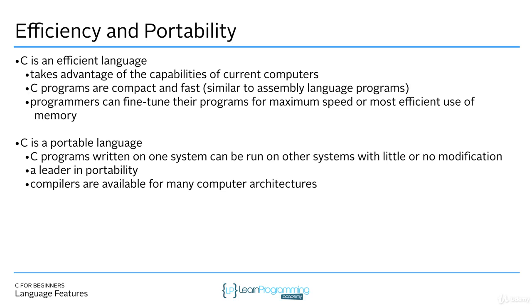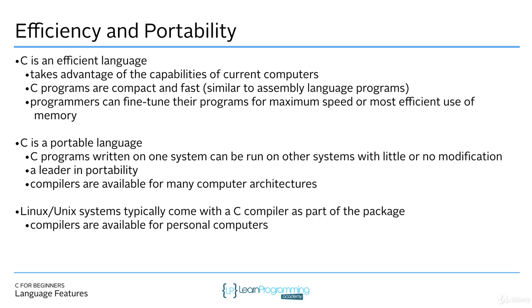In fact, C is the leader in portability, and the compilers are easily available. You can get a compiler on Windows, Linux, no problem. Linux, Unix systems typically come with a C compiler, so you don't even have to download it. Same with the Macintosh. So you can start writing C programs immediately. No external downloads.